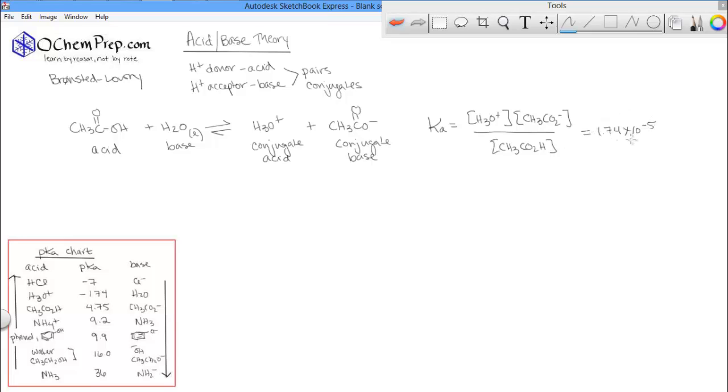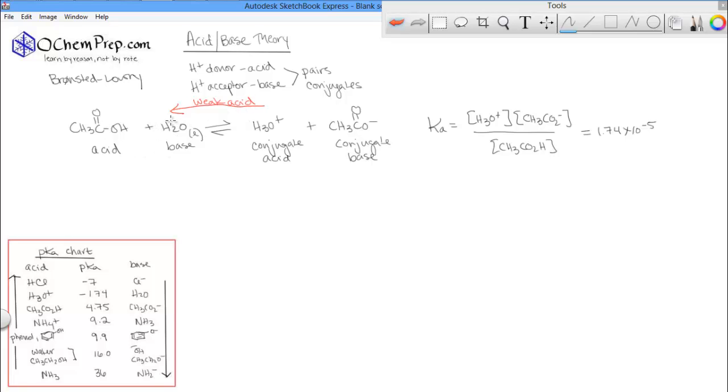The smaller the Ka number, the weaker the acid, because we don't have much of the products here, so the reactants are favored. Whoa, that was an ugly line, but that means that a weak acid has more of the reactants.